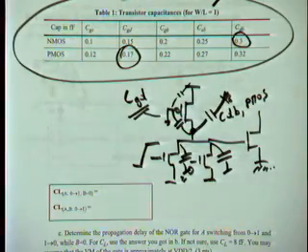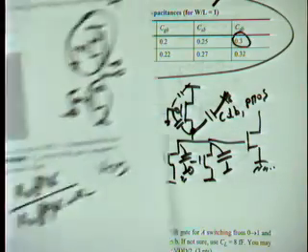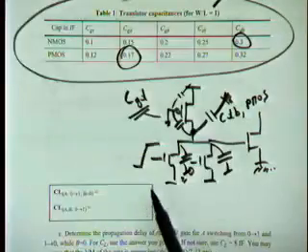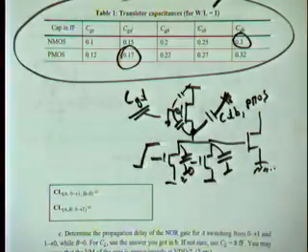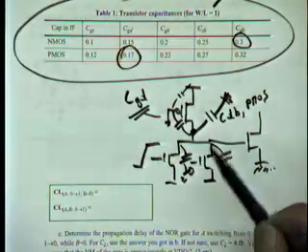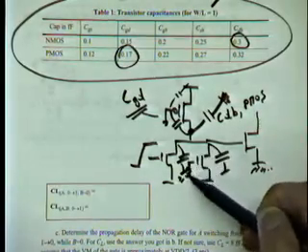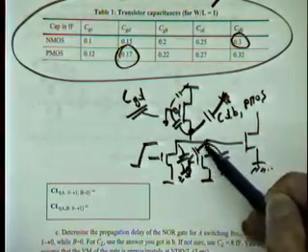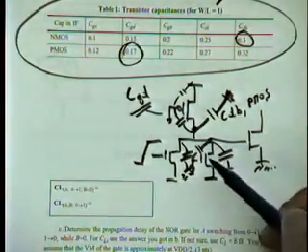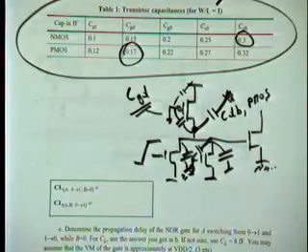What else could we get? Okay, we have the gate to drain capacitances. And this is where the difference between part A and part B of this question comes in. In one case, I switch one input. In the other case, I switch both inputs. For this device, the gate is fixed at 0, so you see that the gate to drain capacitance has no Miller effect.